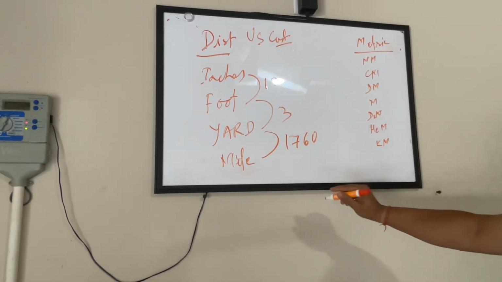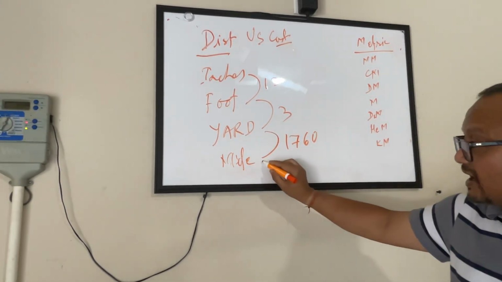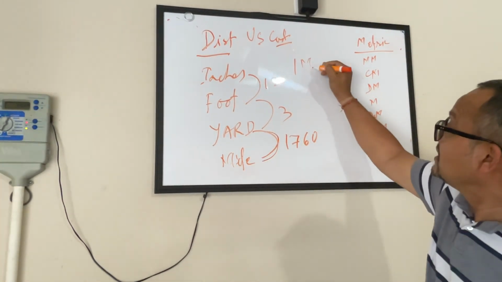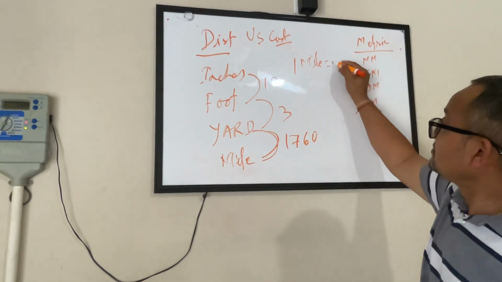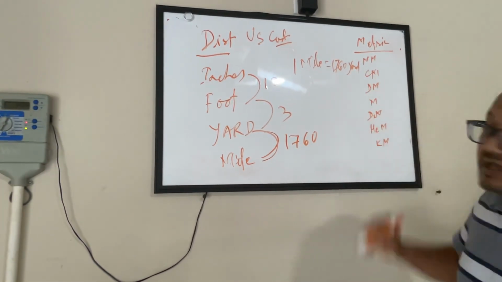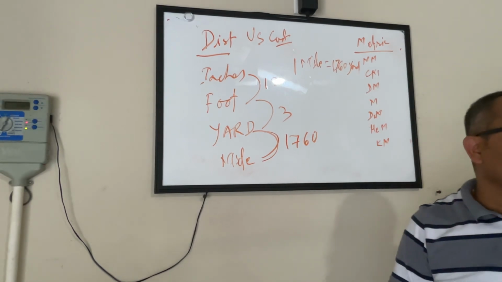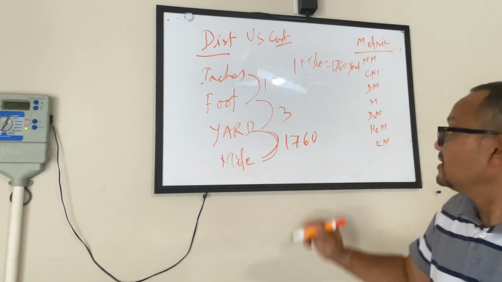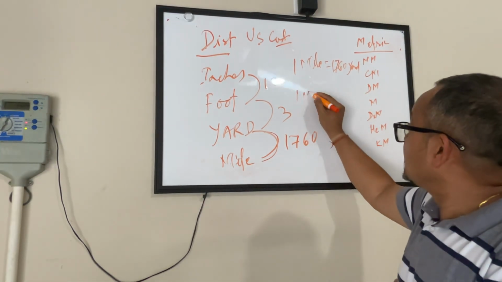If somebody says, how many yards are there in a mile, you will say 1760 yards. 1 mile equals 1760 yards. If somebody says, how many feet are there in a mile?